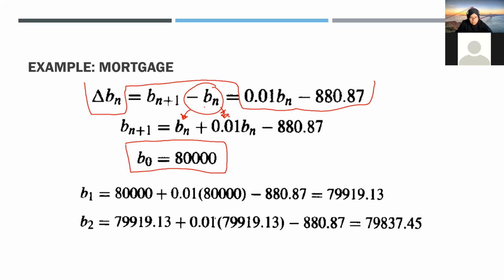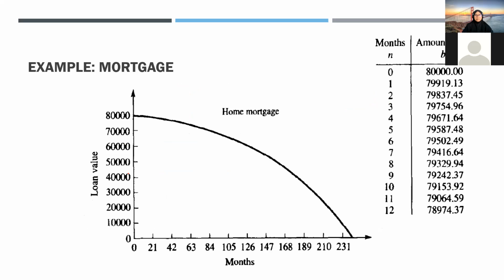Alright, and then apa yang saya perlu buat? So I need to do this B0, B1, B2 until 20 because I'm going to have 20 years. So you can do this in your programming language, any programming language.